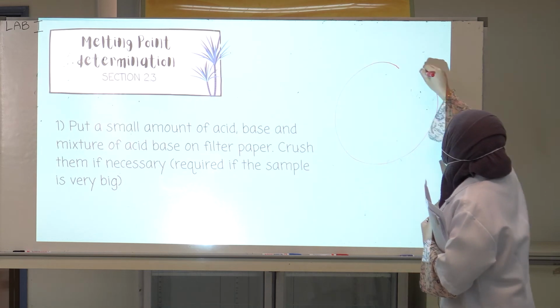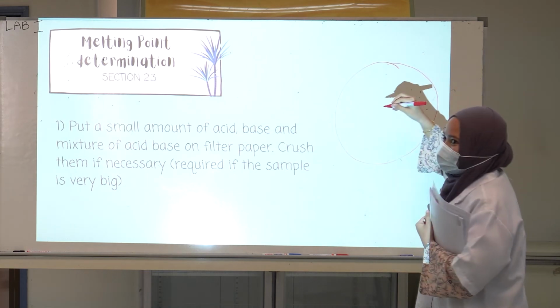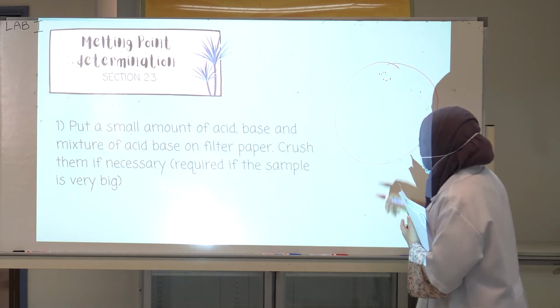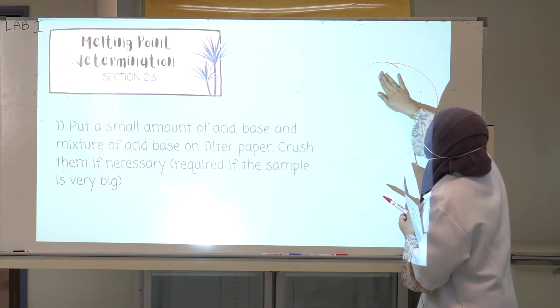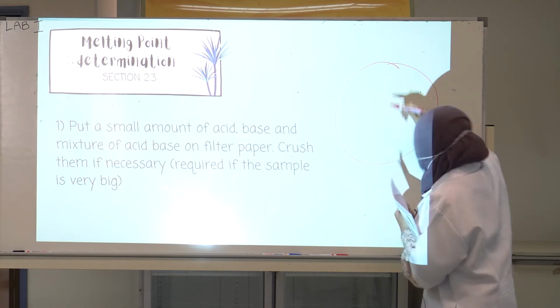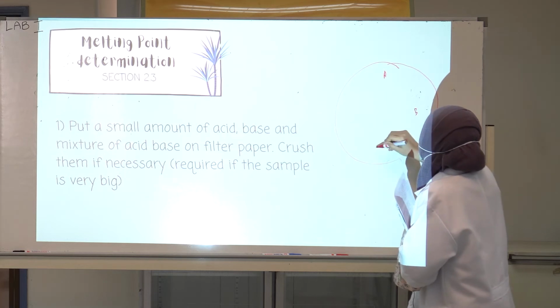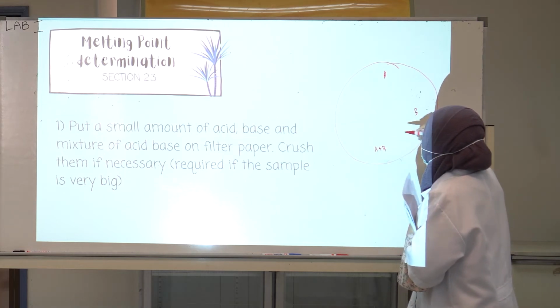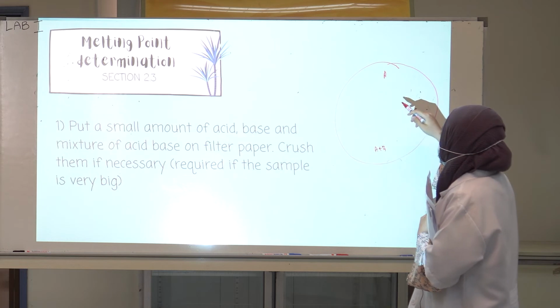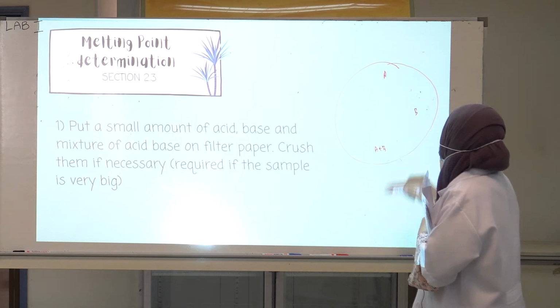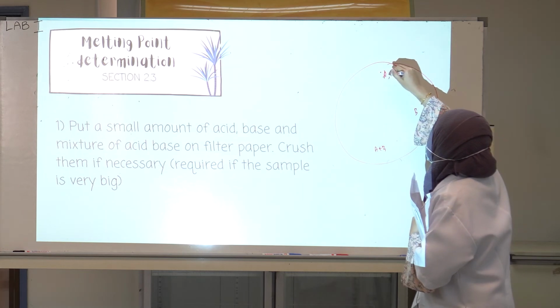Okay, this is the filter paper. We have to label first: acid, base, acid plus base. Then we take a small amount of acid, base, and a mixture of acid and base. It should be like this.